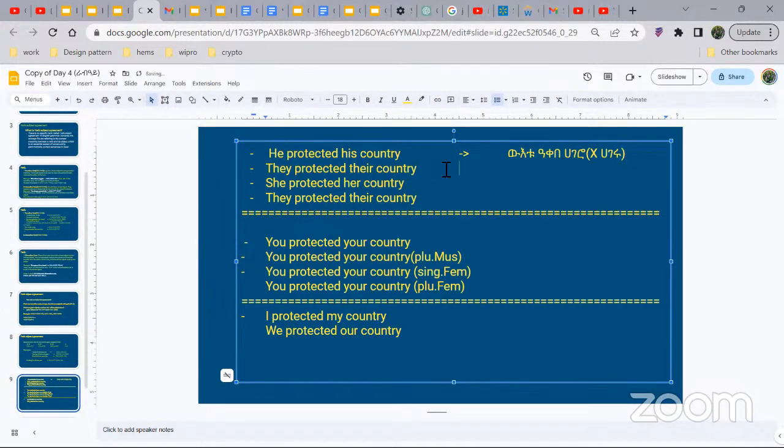And they protected. It's always the same, okay.